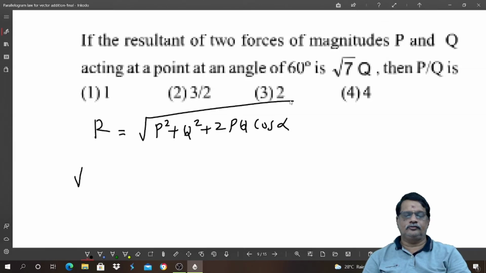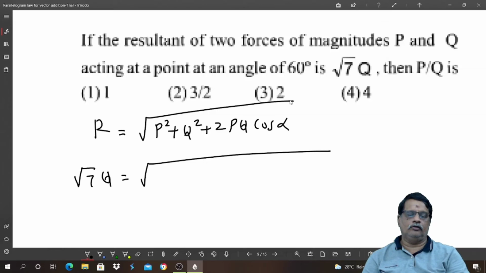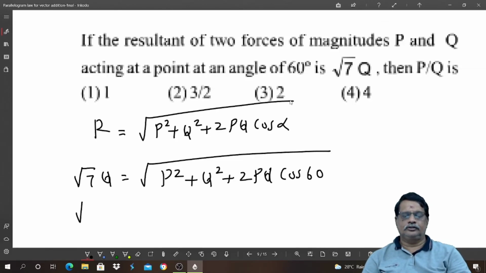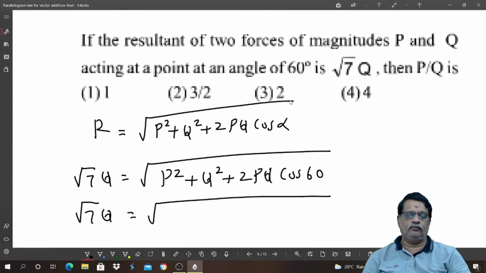Our resultant is root 7Q, and this is equal to root of P square plus Q square plus 2PQ, and alpha is 60 degrees, so cos 60. So let us simplify further. Root 7Q equal to root of P square plus Q square plus, cos 60 is 1 by 2, so this becomes PQ.